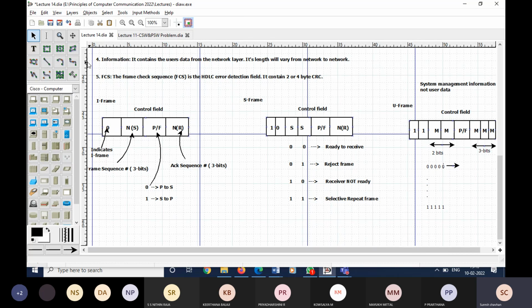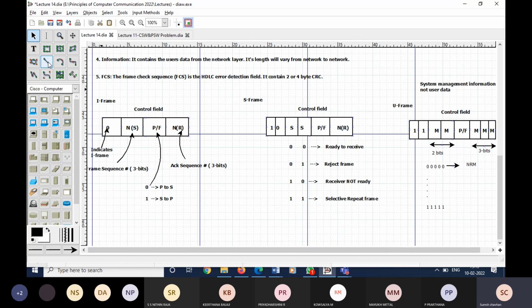This indicates one particular function. We have seen the different modes of data transfer, that is the normal response mode, so it might be the NRM. So this will be the one.